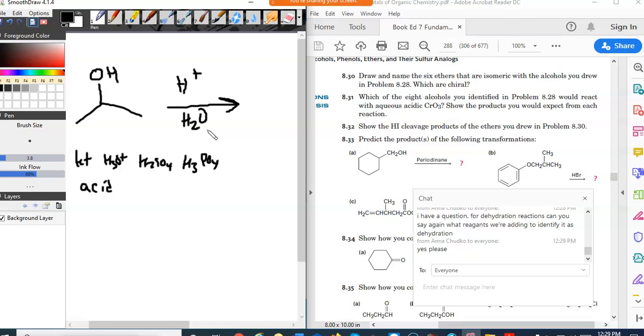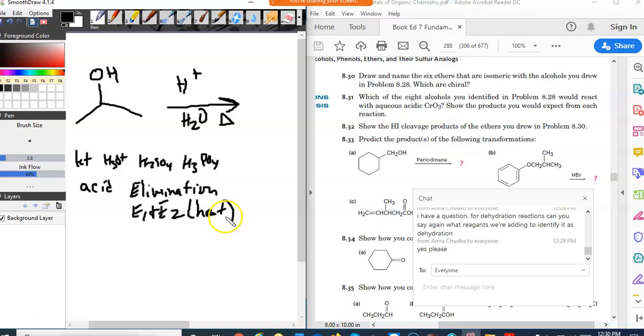All right, so I did say that you usually have heat. Anytime that you do an elimination reaction, you use heat. This is an elimination because we're forming a double bond. Anytime that you form a double bond, it's a type of elimination reaction. Remember last chapter with the E1 and E2 stuff, we always added heat into all of them.